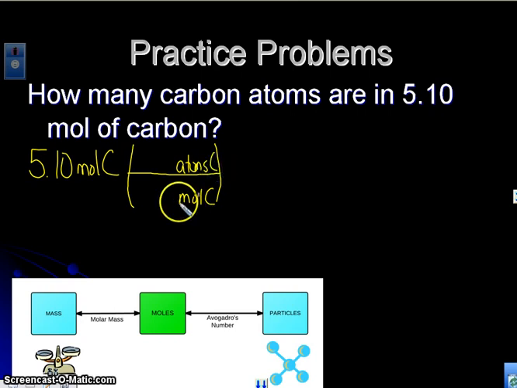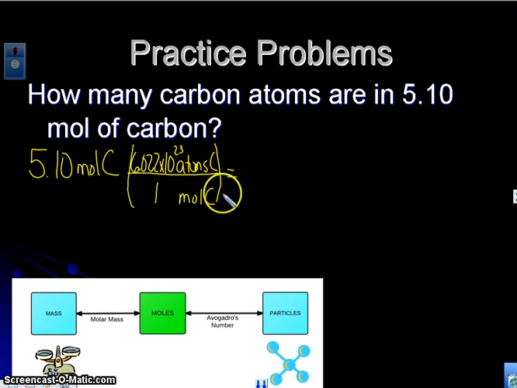And then if you look at your reference table, you can see that the number of particles in 1 mole of anything is 6.022 times 10 to the 23rd atoms of carbon in 1 mole. So that Avogadro's number that we use from your reference table, that is the number of atoms in 1 mole.